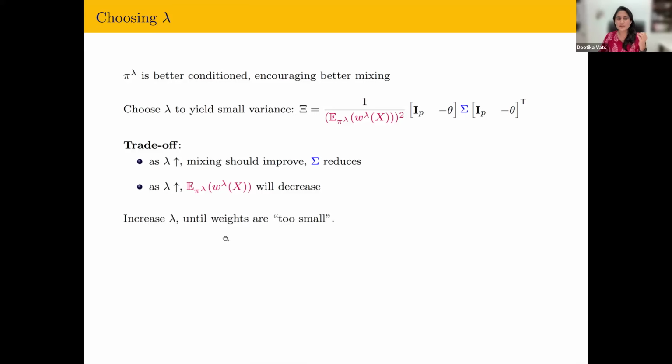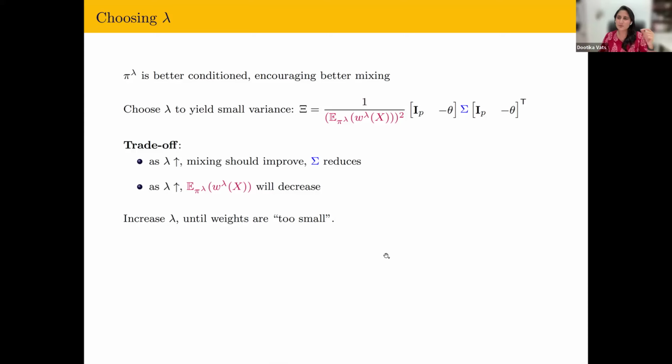How about we increase lambda until the weights are just too small? Because increasing lambda is going to keep on improving mixing, but you don't want lambda to be too much. So you can track the weights, and until the weights are too small, I can keep increasing lambda. But then when do I know that the weights are too small?